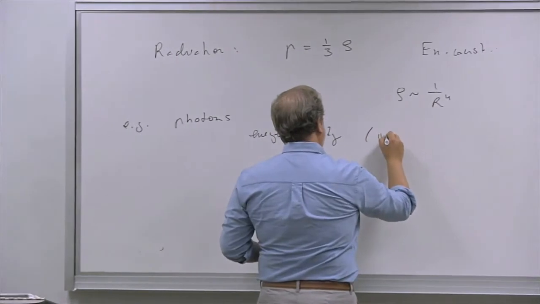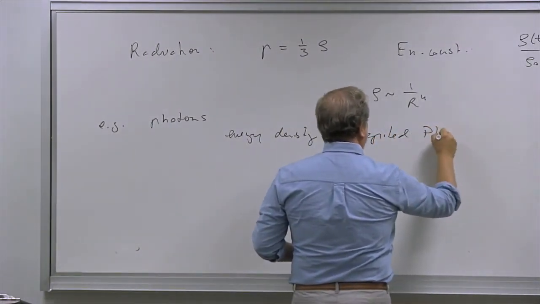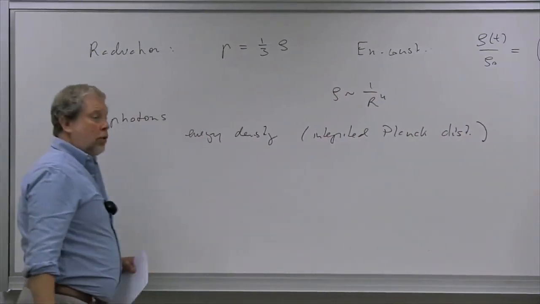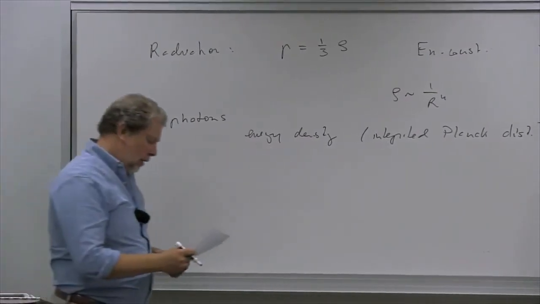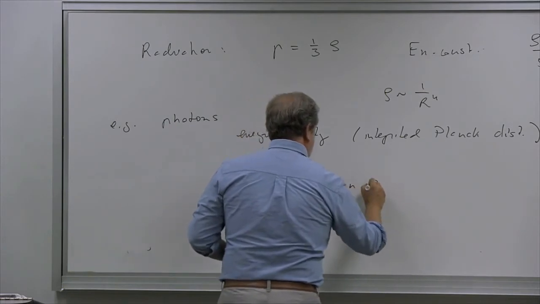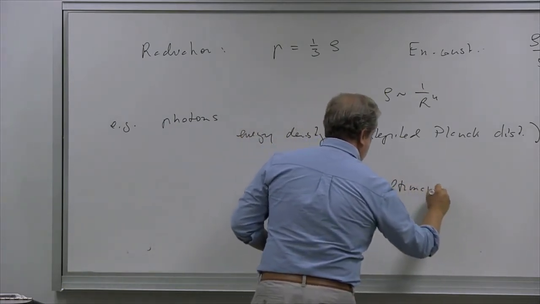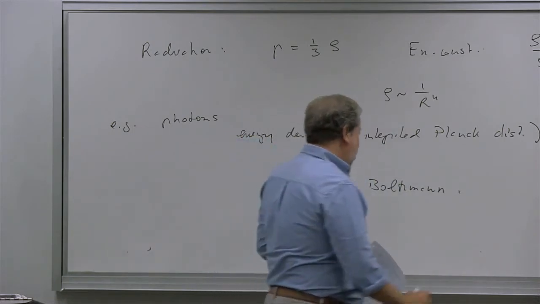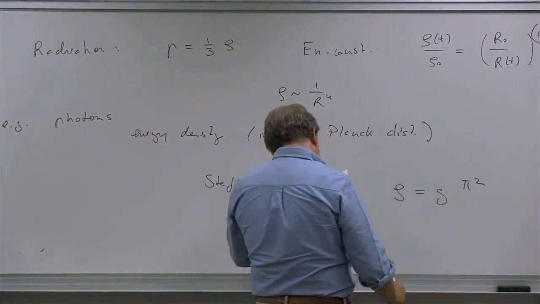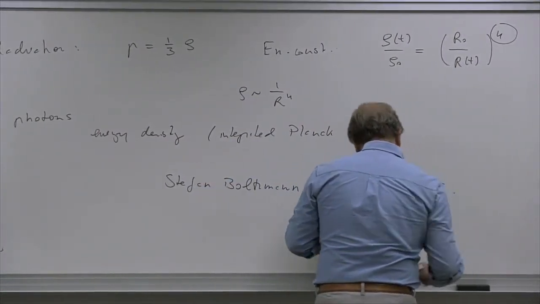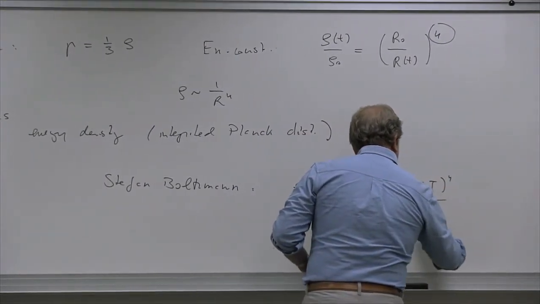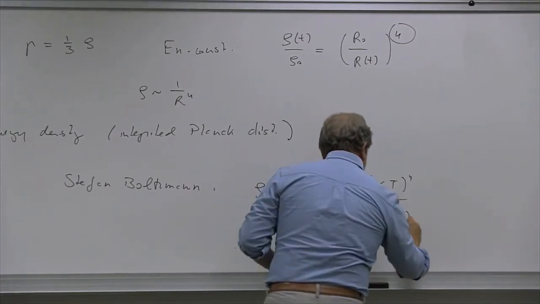So this is the integrated Planck distribution, and that energy density integrated over all frequencies is the Stefan-Boltzmann law, namely that rho is equal to g times pi squared divided by 30 times kT to the 4th divided by h bar c to the power 3.